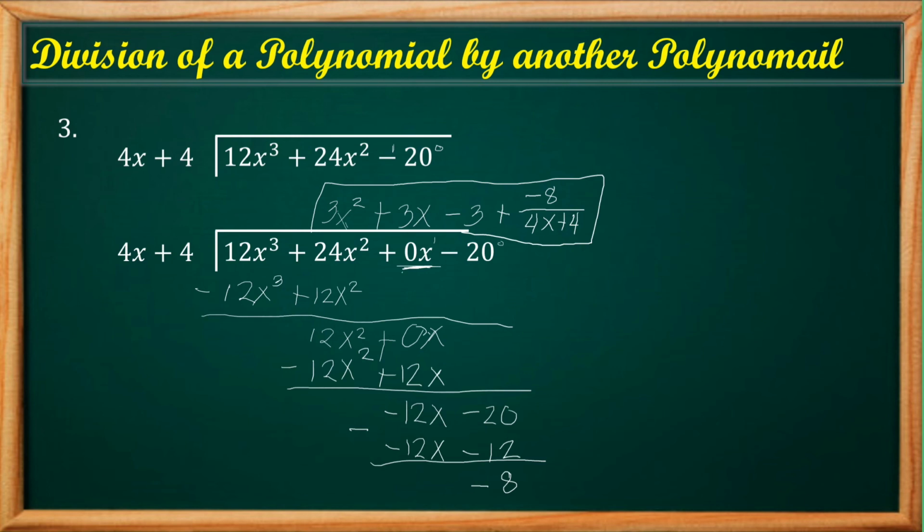Okay, ganun ka-importante. Bakit tayo nagdagdag ng 0 on this part, 0x, para makumpleto siya. Kung wala itong 0x, mahihirapan tayo in dividing this kind of expression or problem. Okay, that is how to divide a polynomial by another polynomial.